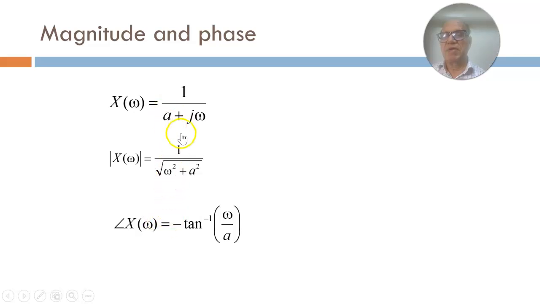And the angle for the denominator is tangent inverse omega by a, but since this is in the denominator, the net angle becomes minus tangent inverse omega by a. So you can see that as omega increases, you will expect the mod of X(omega), which is the magnitude spectrum, to decrease. And as omega approaches minus infinity, the phase will approach pi by 2, and as omega approaches plus infinity, it will approach minus pi by 2.